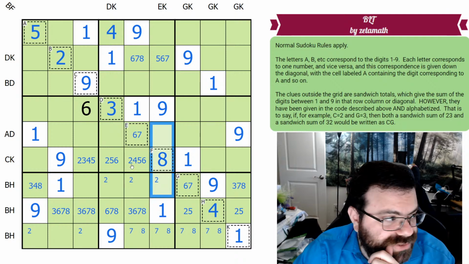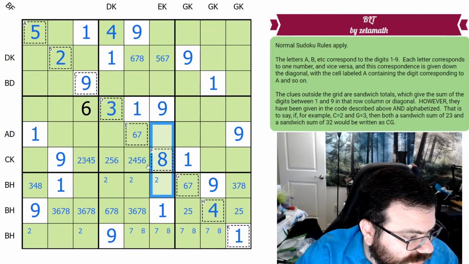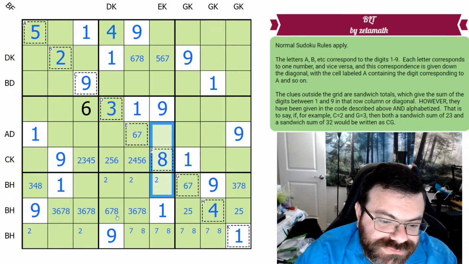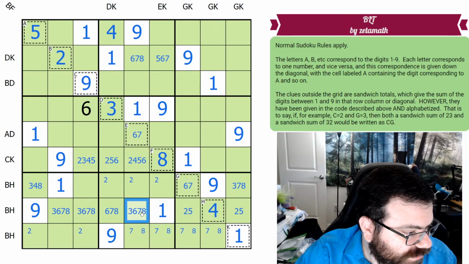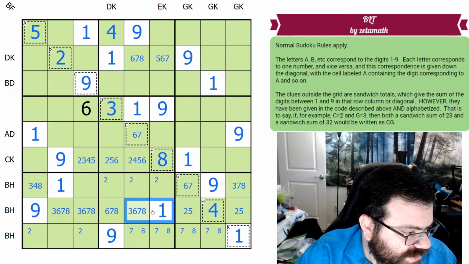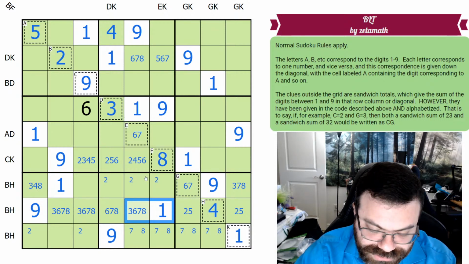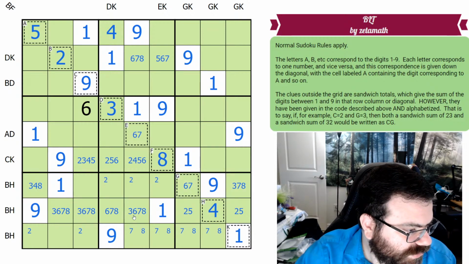Laszlo, rules are on screen and in the link. All right. Row 8, column 5, 6. Wait, I'm confused. Row 8, column 5, 6 is row 7, column 7, 9. I'm so confused.